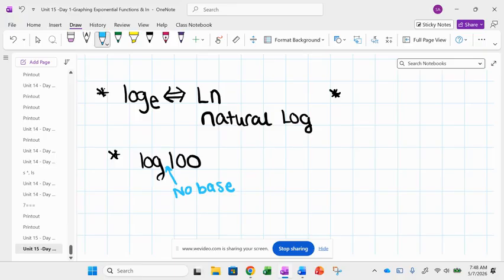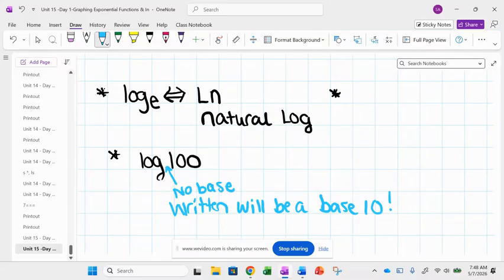But if I just have a normal log written down without a base, it is always a base of 10. So what is log of 100? 2. Yeah, very good.